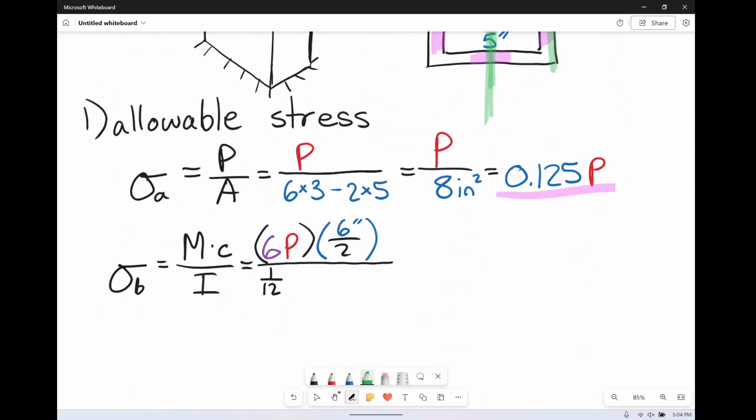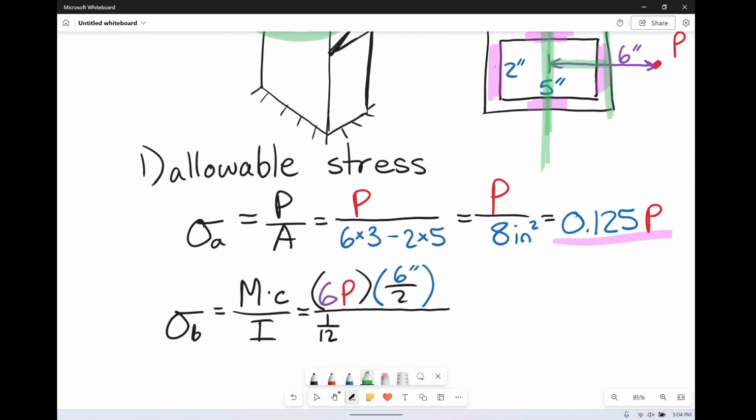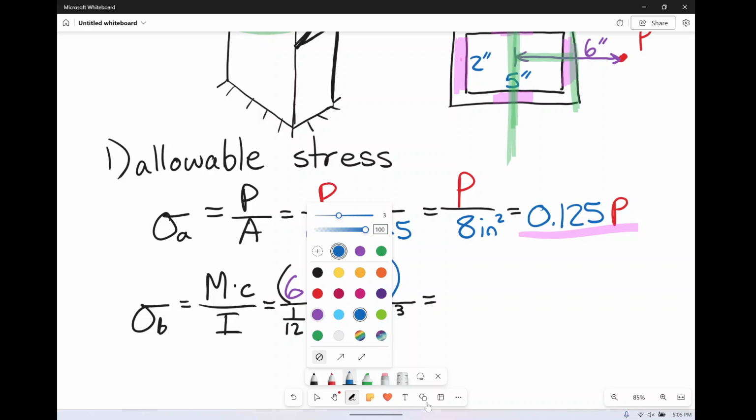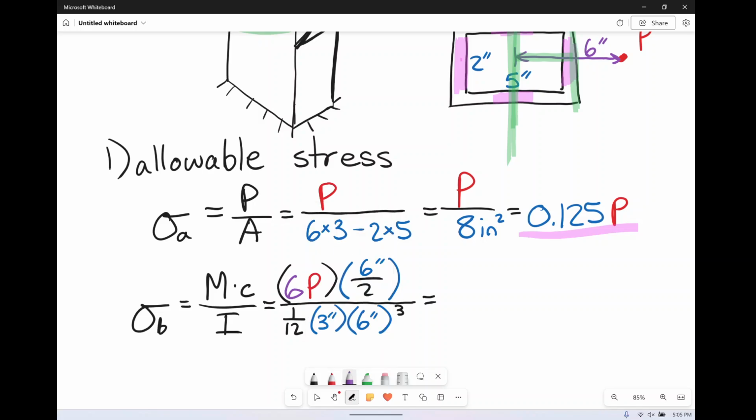So our base is actually 3. So we have 3 inches times the height, 6 inches, cubed. For this one, you're going to get 0.543 times P. Okay, so now I have my two actuals.